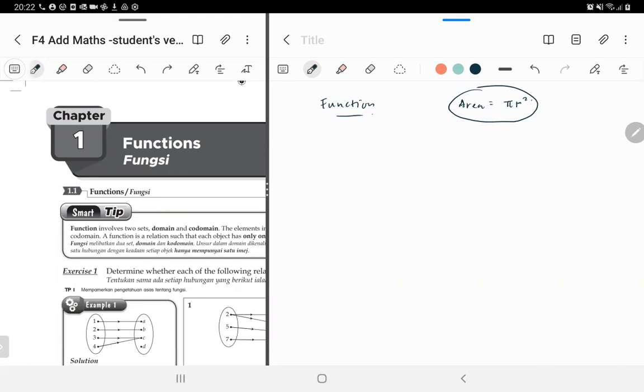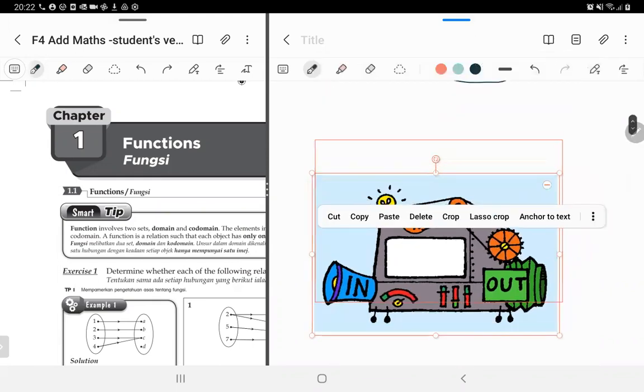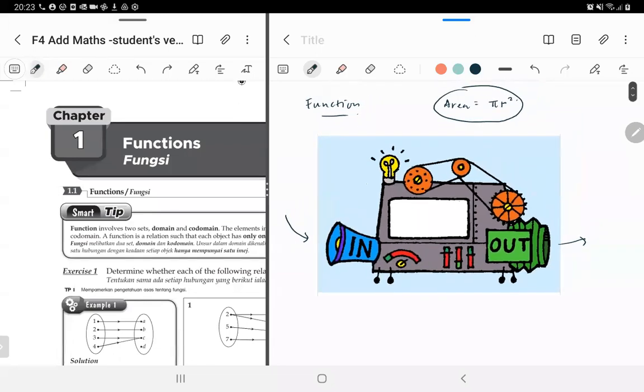So what does a function mean here? You can imagine a function is like a machine. This machine, you need to put in some input, and then it will produce something, right? The process of processing the input and producing the output, this process is a function.